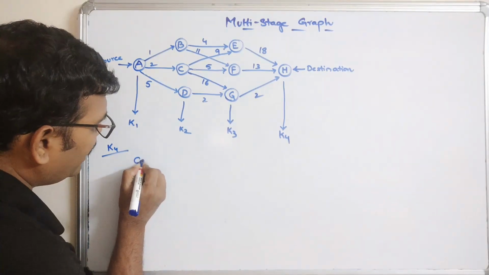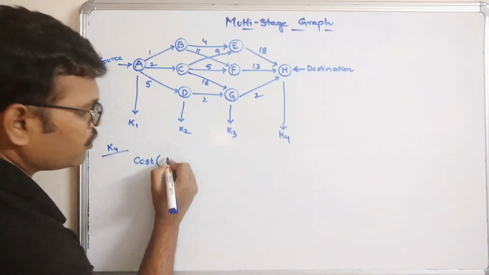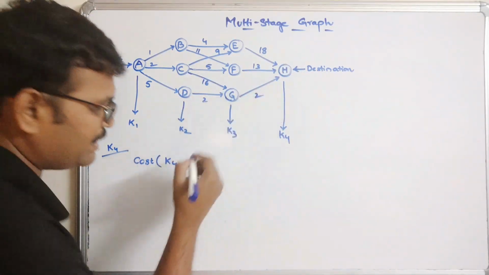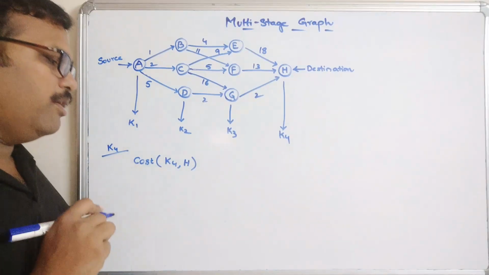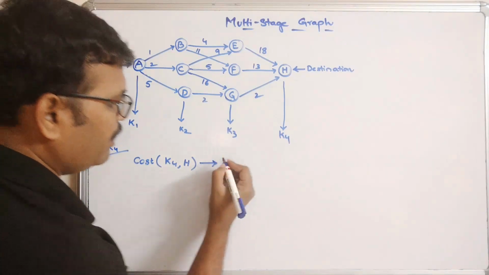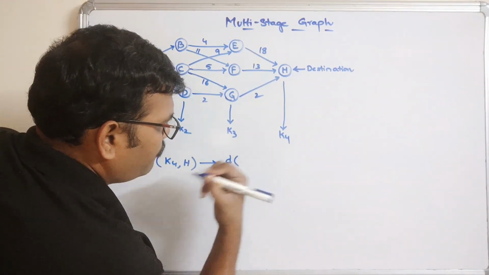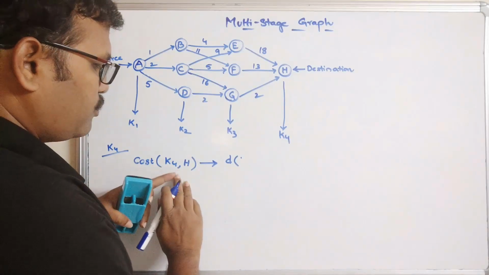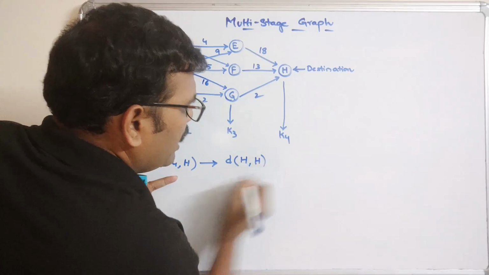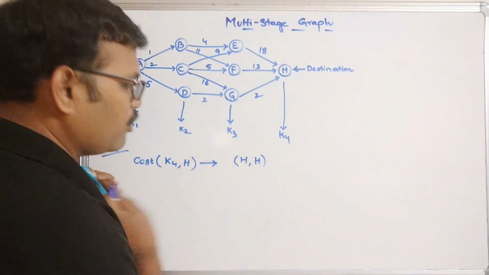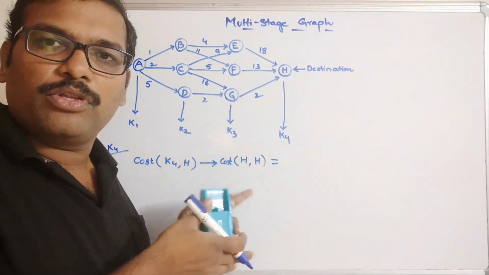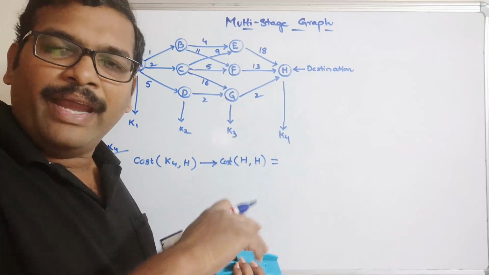We can call it the cost of K4 comma vertex H. We need to find out the cost for K4 to H, where the formula will be the distance of H to H, which we can call the cost of H and H. The destination and source are both equal, then obviously the weight is 0, right?